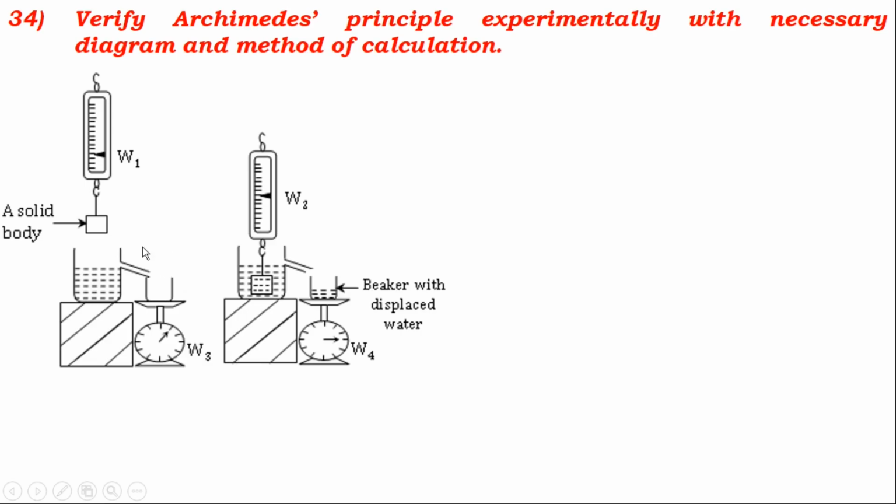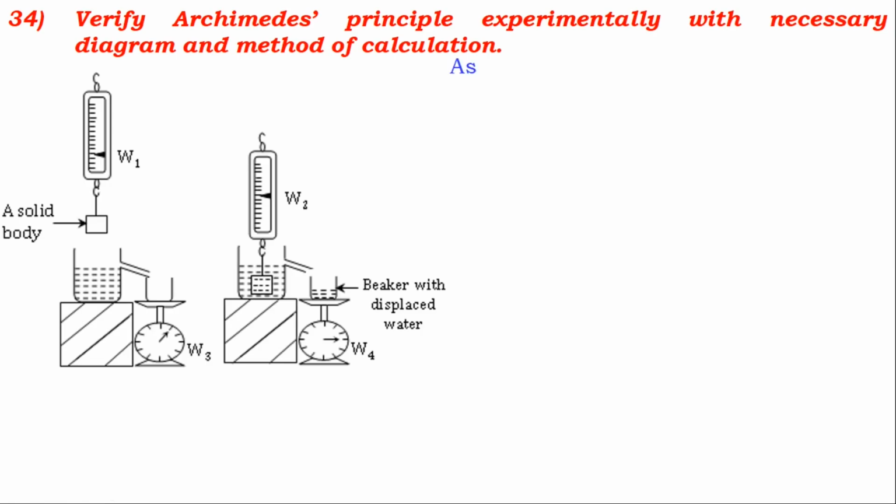Here the empty beaker is weighed, W3, and the beaker with displaced water is also taken, that is W4. W4 minus W3 gives the weight of displaced water, and if this weight of displaced water is equal to W1 minus W2, that means the upthrust, then Archimedes principle will be verified.